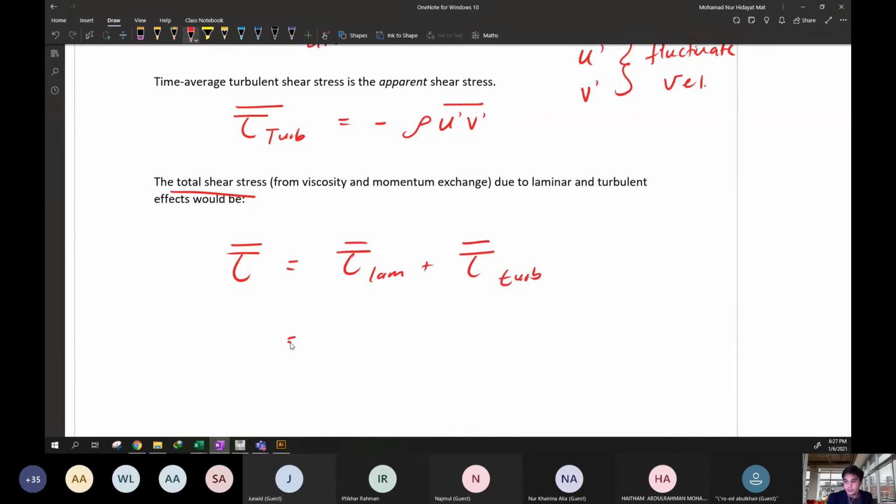Tau for laminar is mu du over dy, minus tau from turbulent, which is rho u v average.